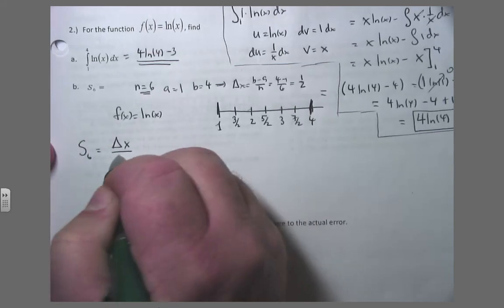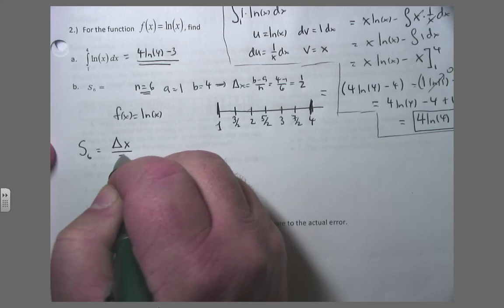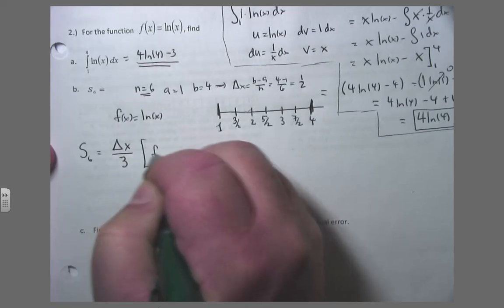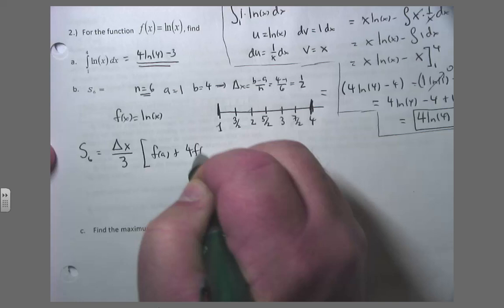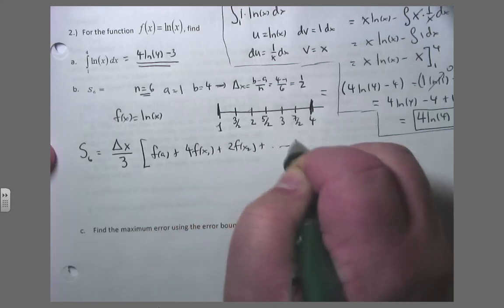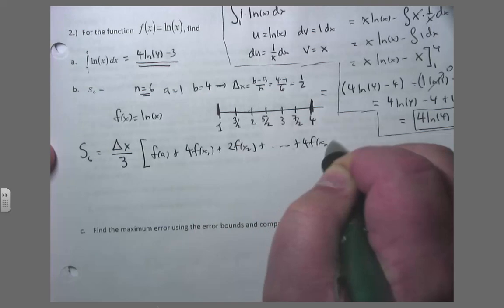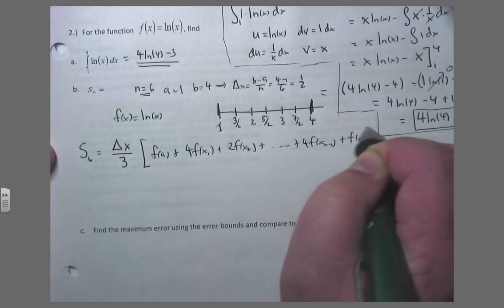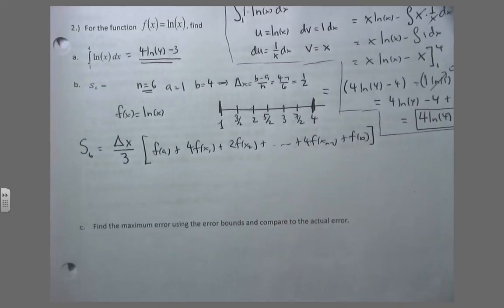It is delta x divided by 3 times f of a plus 4 times f of x1 plus 2 times f of x2 plus and so on, plus 4 times f of x(n minus 1) plus f of b. That is Simpson's Rule. Always write down the rule. That's worth partial credit on a Simpson's Rule problem. You at least know the rule. If you can't plug in the numbers, at least you know what you're supposed to do.